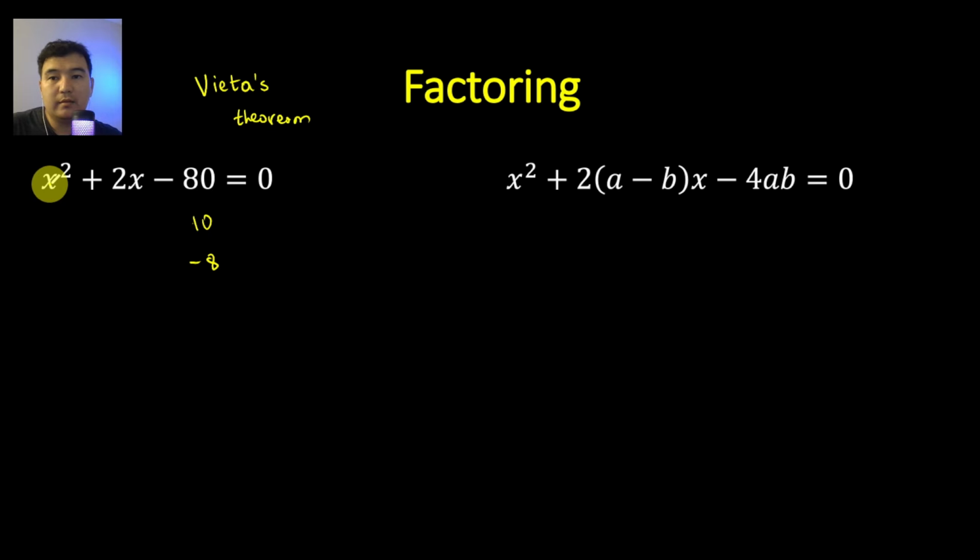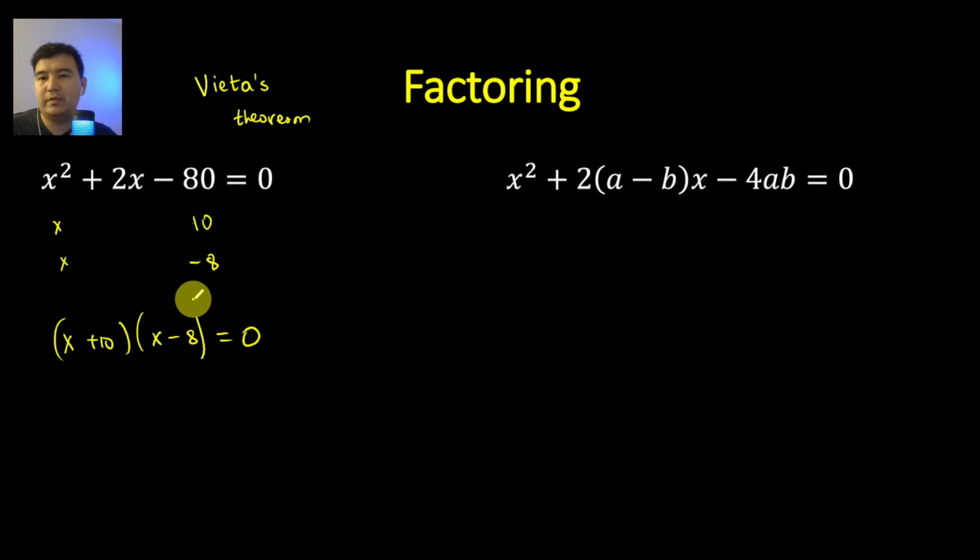And then on this side I have x squared, so you can write it as x and x. With this setup, the factorization of my quadratic equation is going to be x plus 10 multiplied by x minus 8 equals 0. If you open the parentheses and combine like terms, you'll get x squared plus 2x minus 80.